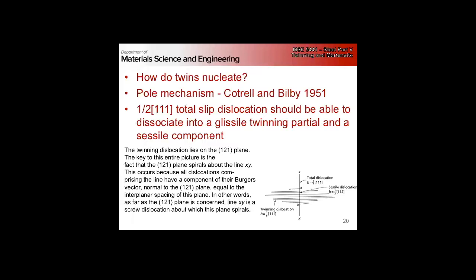What I want to show here is something called a pole mechanism. And personally, I don't feel that this is how twins nucleate. Maybe in limited cases in BCC metals. But the point of me going through this and showing it to you is to show that there are atomistic mechanisms which make sense that can give you twins and explain how twins can grow.